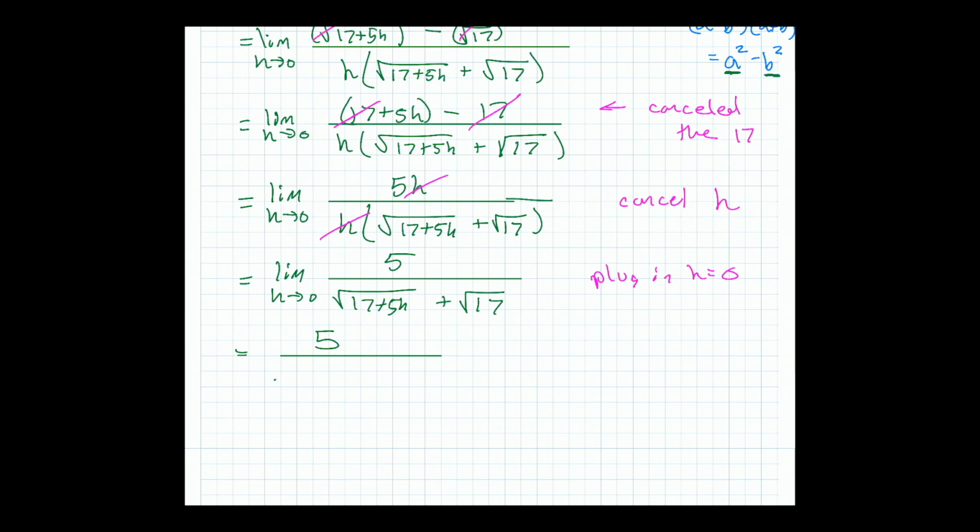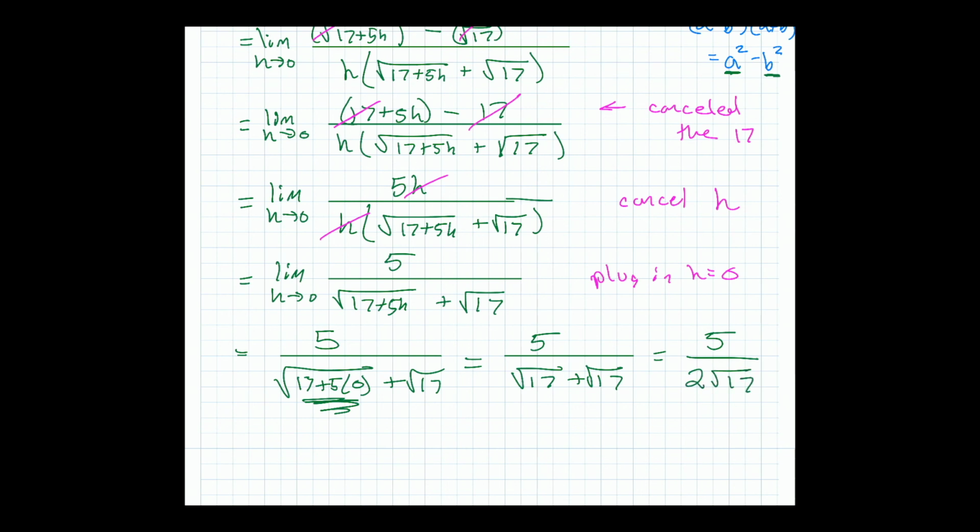5 over square root 17 plus 5 times 0 plus square root 17, which is, well, when you work this out, you have 17 plus 5 times 0, but 5 times 0 is 0. So you just have square root 17 plus square root 17 down there in the denominator, which is 2 square roots of 17.